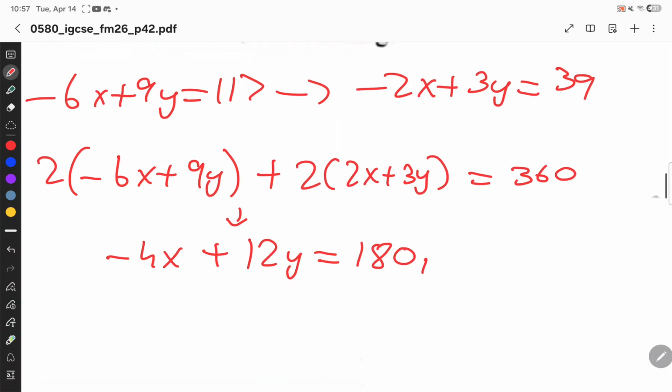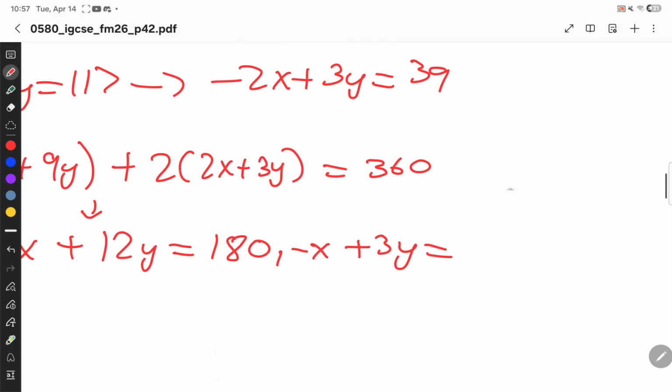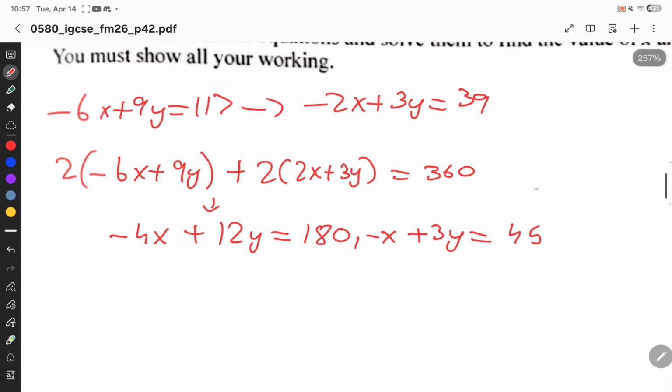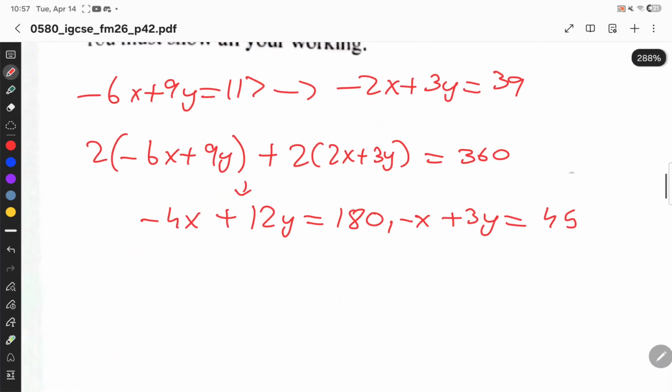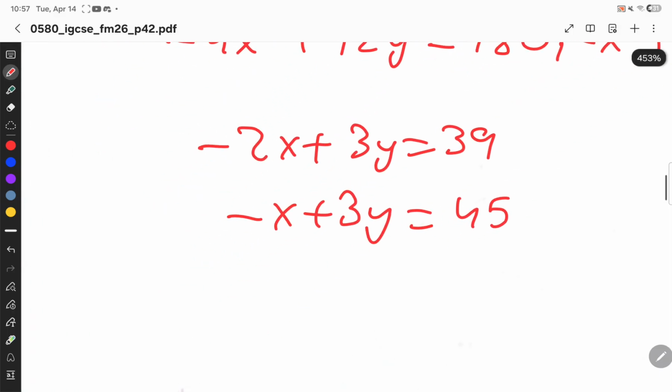We can simplify this. This we can divide by 4. We get negative x plus 3y is equal to 180 divided by 4, which is 45. These are the two equations that we made: negative 2x plus 3y is equal to 39 and negative x plus 3y is equal to 45. Okay, I hope nothing is wrong here.